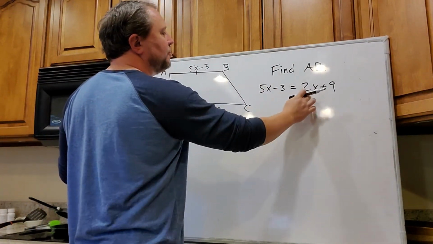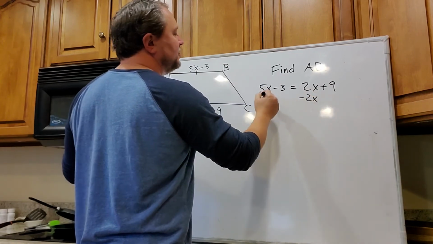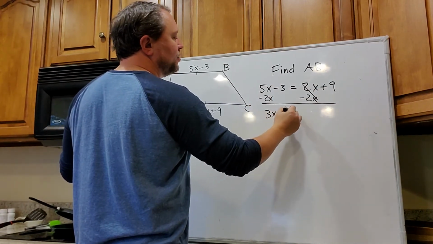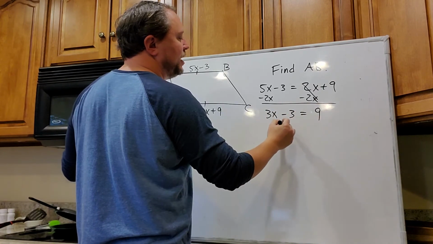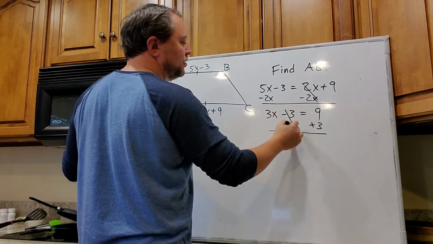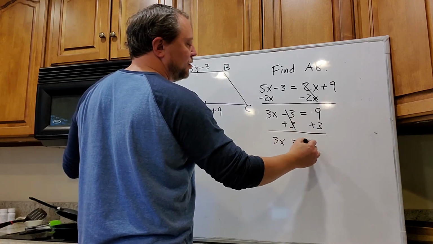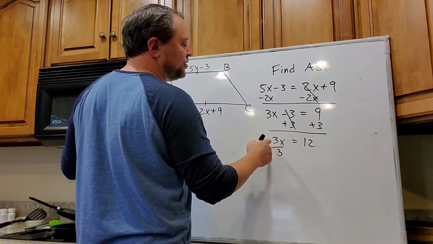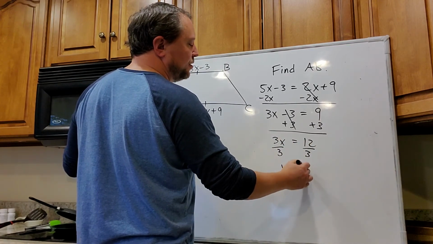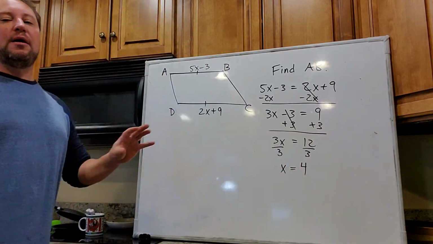You've got a sheriff-bandit situation, so I would get rid of the weaker one. Now you've got 3x minus 3 equals 9, add 3, and divide by 3 to finally get the x by itself. x would be 4. Okay, I'm almost done.